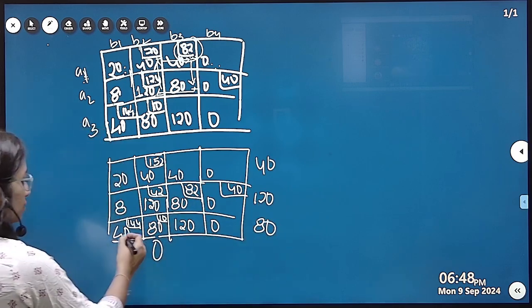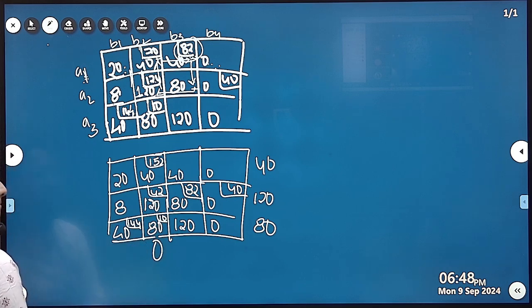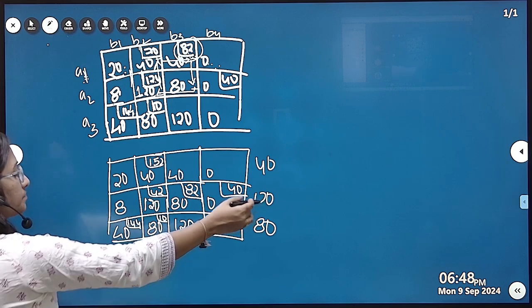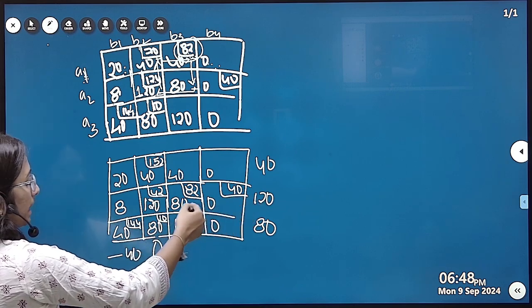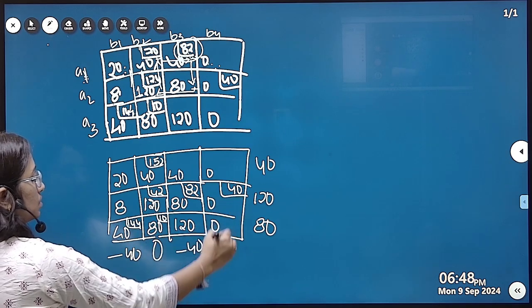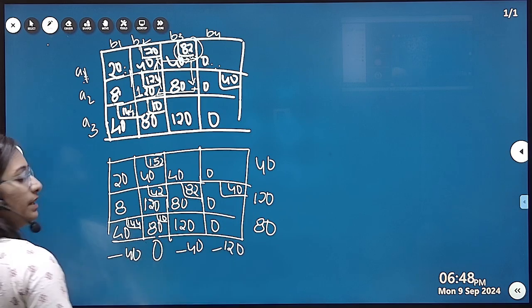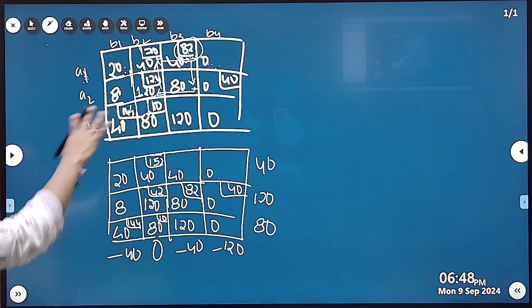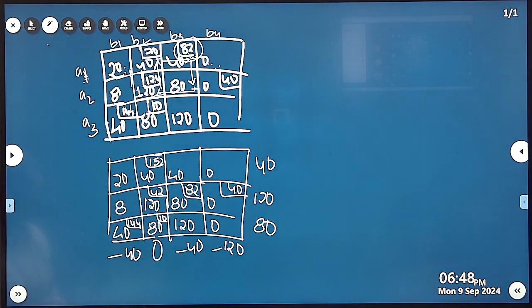So tell me the values, 40 minus 80 minus 40. So here 120 minus 80 minus 40, 0. So 120, right?